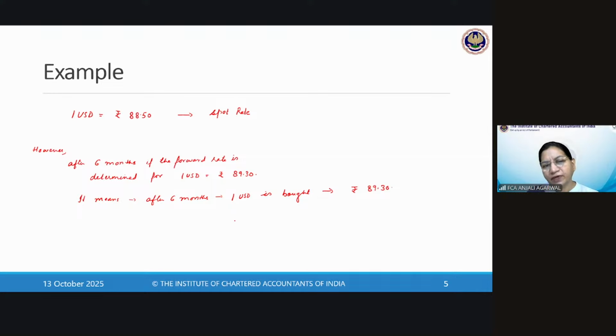Irrespective of whether the price of the dollar at that time is 95, 70, 65, 100, it will not impact the forward agreement or the forward exchange rate which was determined between the two parties. Those who have contracted to deal in dollars after 6 months at 89.30, it will remain 89.30, irrespective of the price.